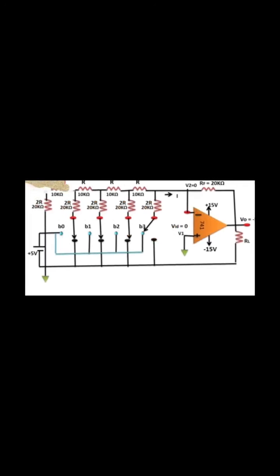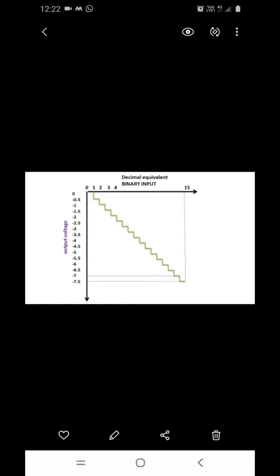But the main problem with this D to A converter is that it requires binary weighted resistors, which may not be easily available, especially if the number of inputs is more than 4. It is not a proper way to use binary weighted resistors. Hence for that we go for an alternative method.